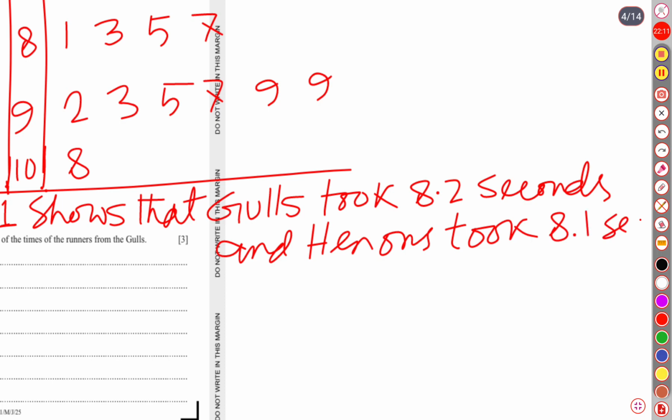So please don't forget to write this notation just after the stem and leaf diagram, because the key matters. You should explain in brief what you have written.